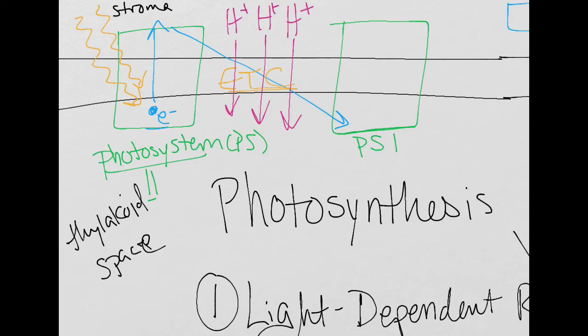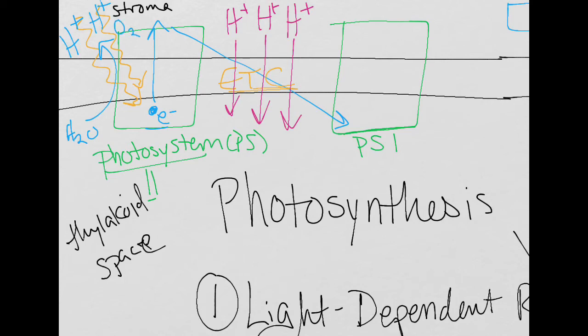How we get it back is we actually end up splitting water. I'm going to draw it on the membrane even though it takes place in the stroma. We end up splitting water into hydrogen ions and oxygen.